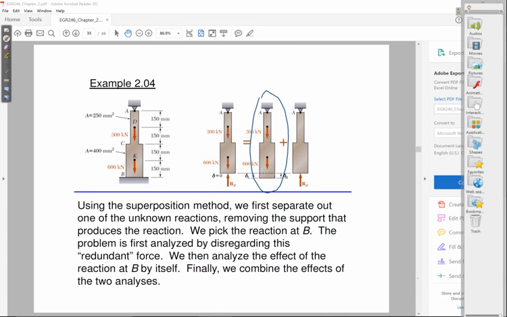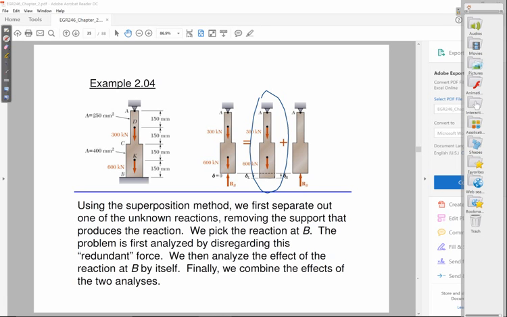The next effect I look at is the effect of the supports. Now, if I want to look at just the effect of the supports, I've got to forget about everything else. So I forget about those applied forces, and now I just look at the effect of those reaction forces. And the way you're going to do this is, if you removed the support at B in the first part, now you're going to look at what effect the reaction at B actually has.